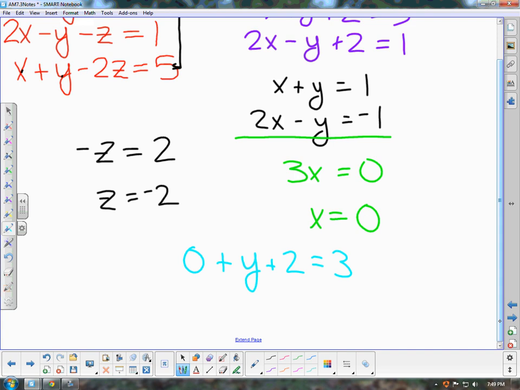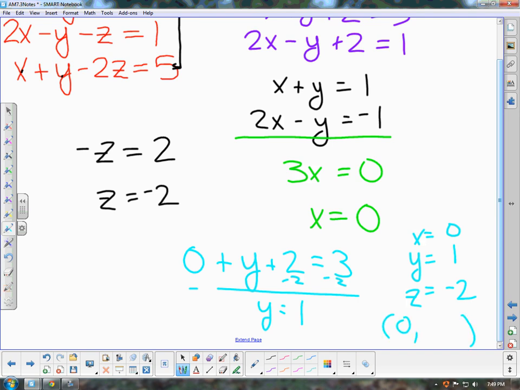Solving this, subtract 2, and y is going to equal 1. So then our coordinate is x is 0, y is 1, z is -2. And if you look at that on a coordinate grid, it would be 0, 1, -2.